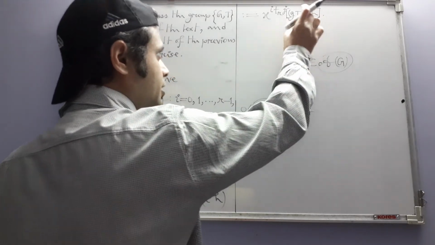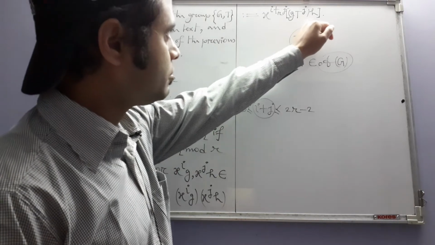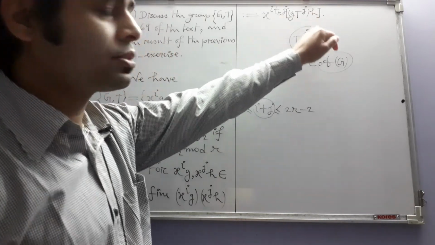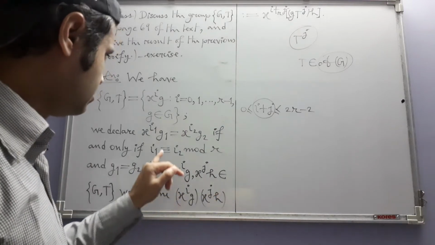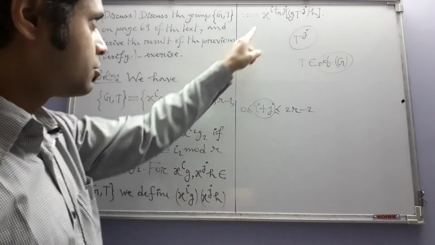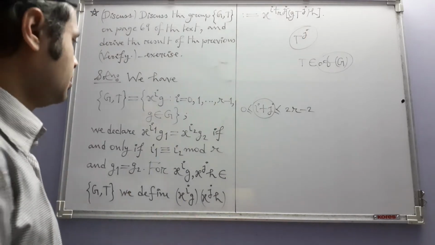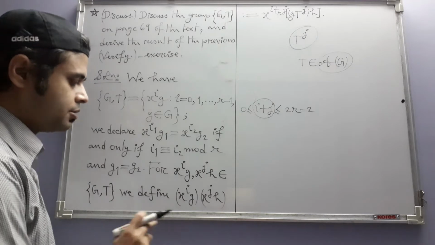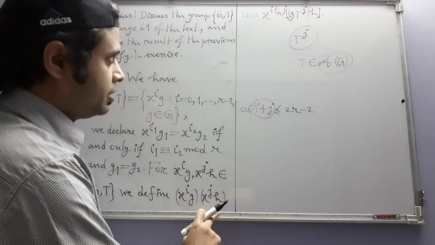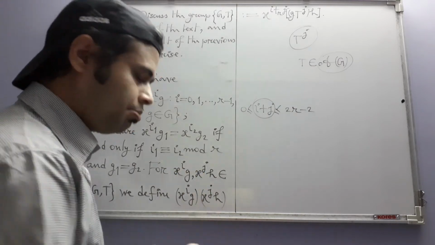We are taking their product in the group. So the part that we see within square brackets is again an element in G. So this final thing that we are getting is again a symbol in this set. Okay, so whatever we have done here, it ultimately again gives us a symbol like this.